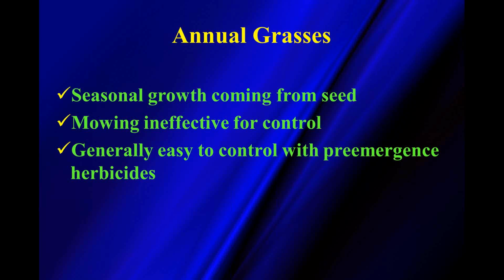Well, that's because it has a lot of basal growing points and can recover from mowing or weed eating or whatever in fairly short order. Generally easy to control with pre-emergent herbicides because they are annual. They're going to be coming from seed, and so if you put a preventative pre-emergent herbicide out there, and it's labeled for that particular species, then you're going to be successful in getting it managed.